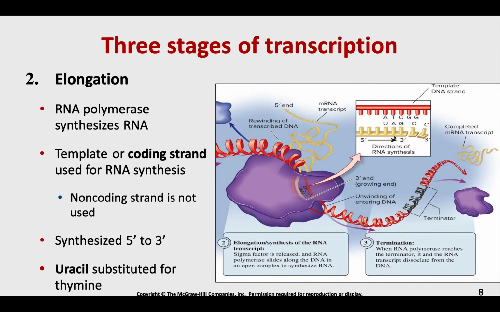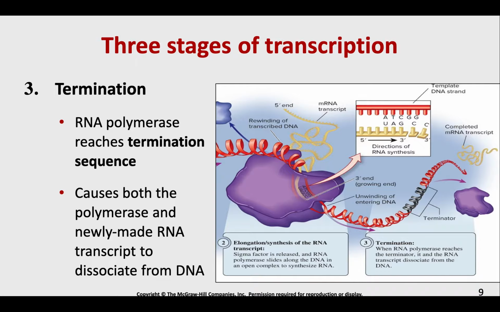The other strand of DNA we call the non-coding strand, because we're not coding anything off of that one. Synthesis is done in the 5' to 3' direction, very similar to when we looked at DNA replication. The only difference here is we're making mRNA, and we're using uracil instead of thymine.